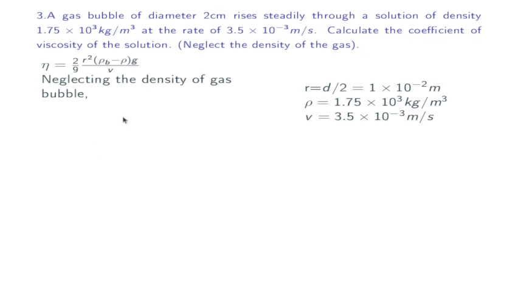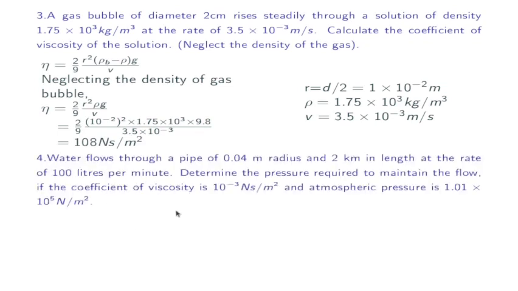So neglecting density of bubble, numerically eta is equal to 2 by 9 r^2 rho g by v. Rho b is neglected. That is 2 by 9 into r, we have given diameter, so the radius is 10^-2, whole square, and rho is 1.75 × 10^3, g is 9.8, and velocity is 3.5 × 10^-3. So we are getting 108 Newton second per meter square as the coefficient of viscosity.